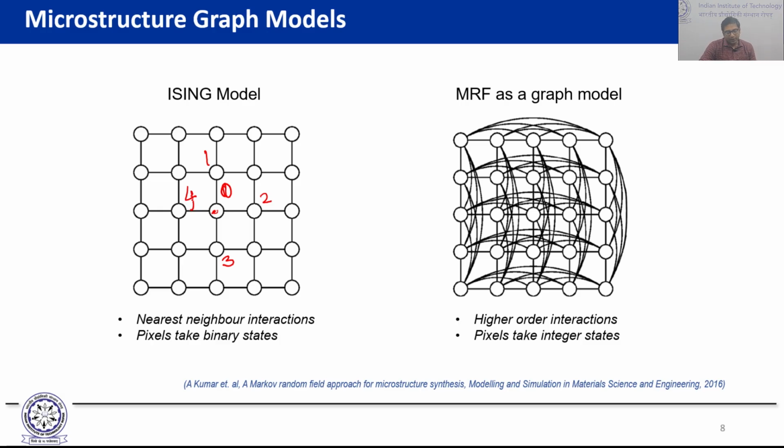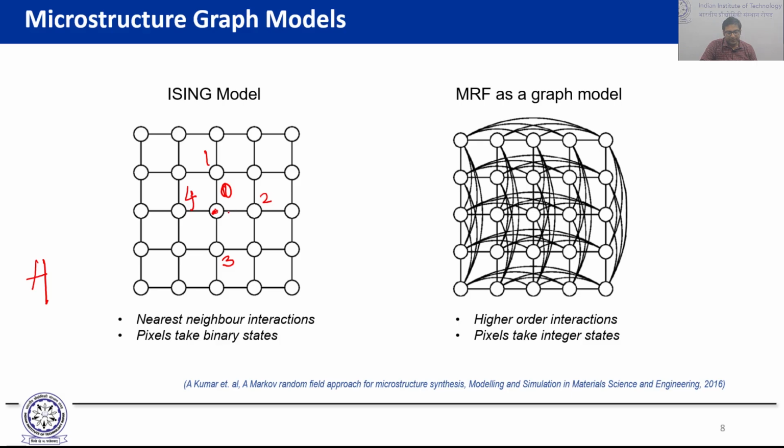Now, in order to understand how this type of configuration can change, in case of the Ising model, what we do is we compute the Hamiltonian, or basically the overall total energy, as a result of the interactions of the neighboring atoms with our reference atom. Now, in many cases, we simply terminate this interaction at the first nearest neighbor, and that helps us keep this model fairly simple.